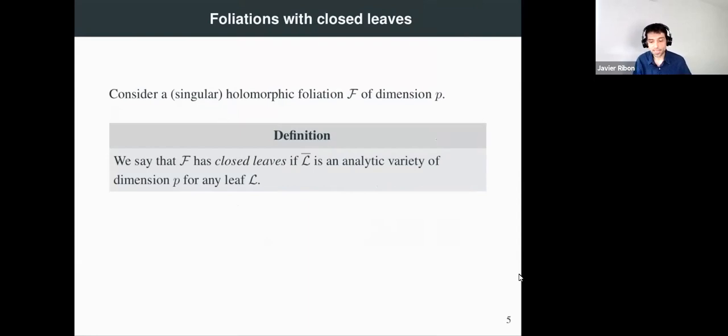But there is an issue with the complex analytic setting, and it is that in some cases, for some manifolds, all leaves have singularities. So for instance, if you have foliations in CP2, all of these foliations have singular points, and there are always leaves, for instance, by using Camacho's theorem, that are not closed.